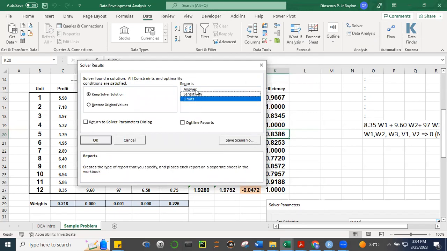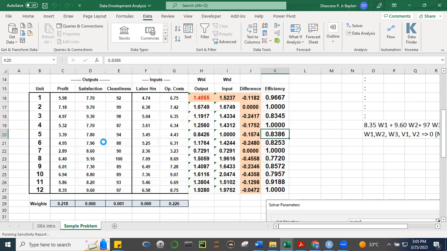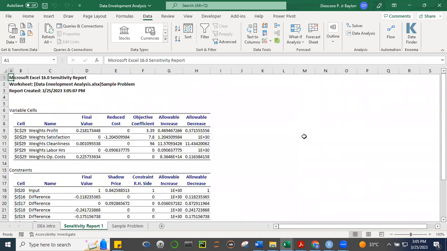Okay, I'll just generate the sensitivity analysis. Okay, so ito, sensitivity analysis. No?